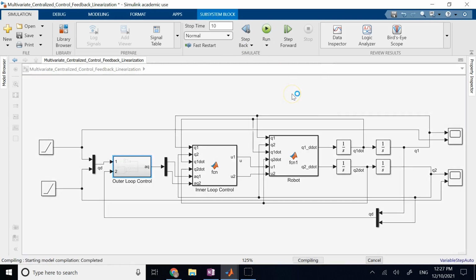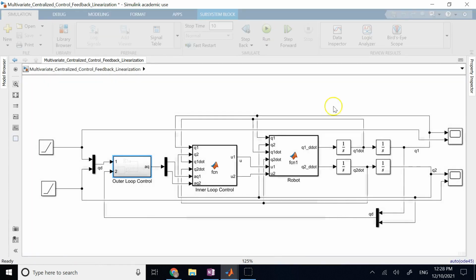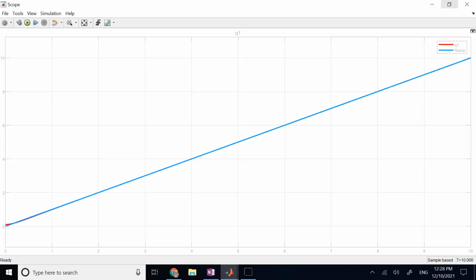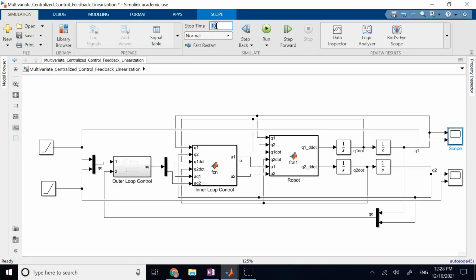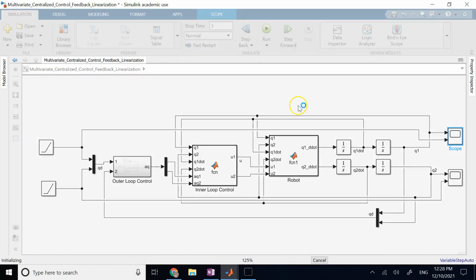And here you can see, as I show you, maybe 10 seconds is a little bit too long. Let me just simulate it for 3 seconds.